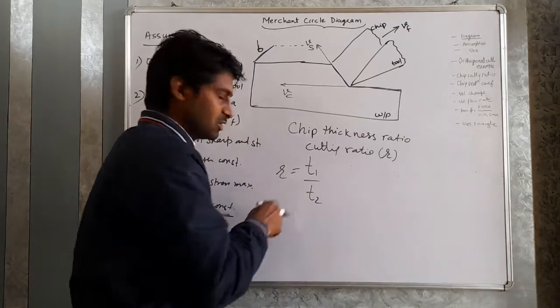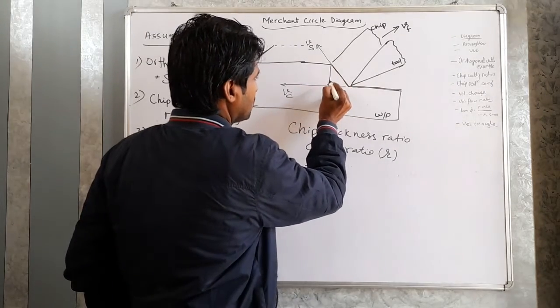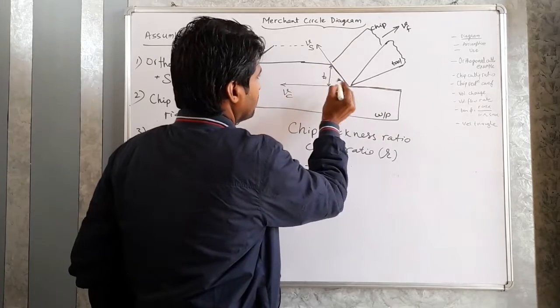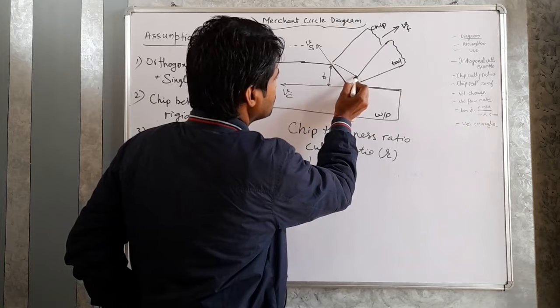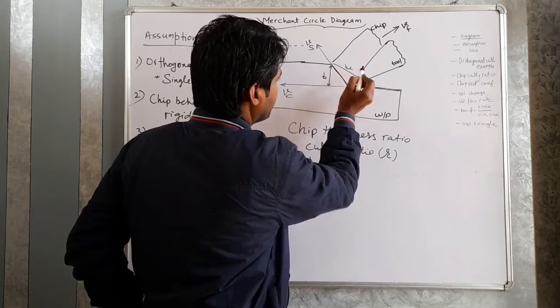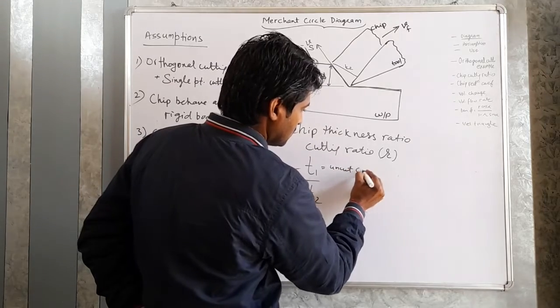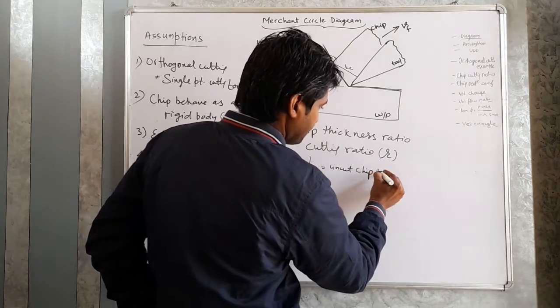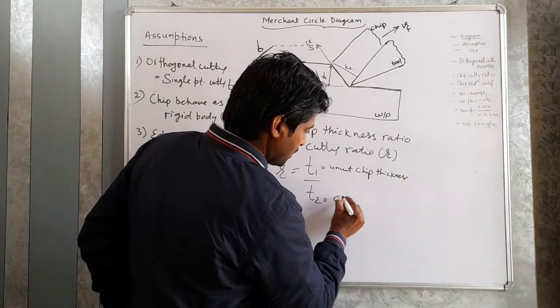Now what is t1 here? t1 is the uncut chip thickness. And what is t2? t2 is the chip thickness. So t1 is the uncut chip thickness and t2 is the chip thickness.